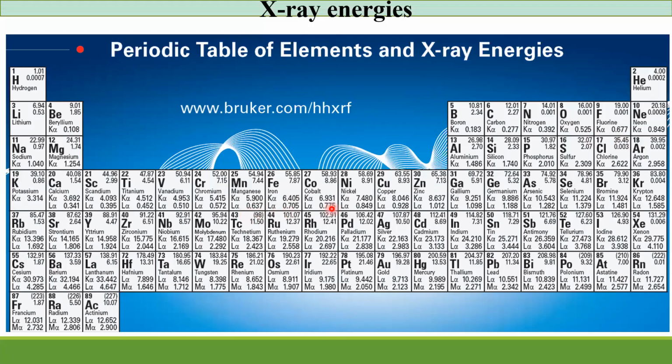So sometimes it's easy to get confused with the peaks if you do not understand this K shell energy and L shell energy periodic table. Whatever signals you get from EDS mapping, you should try to understand, okay, this is from Fe, this is from cobalt, as it is just matching with automatic peak identification techniques through the software.